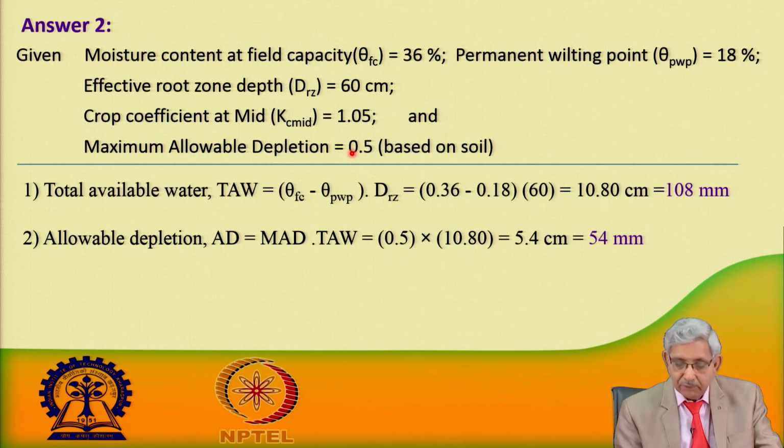So, total available water, as I told you, 18%, which I can write 0.18 multiplied by 60 centimeter, the effective root zone depth.